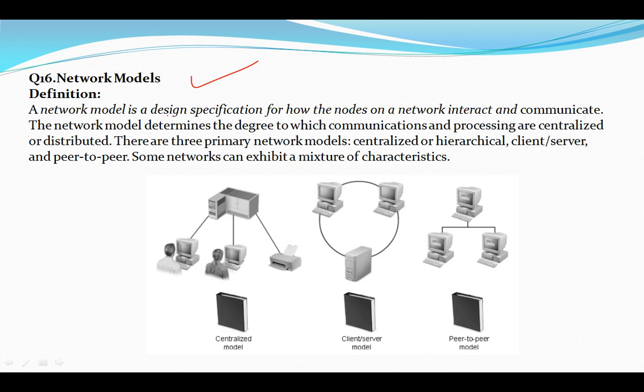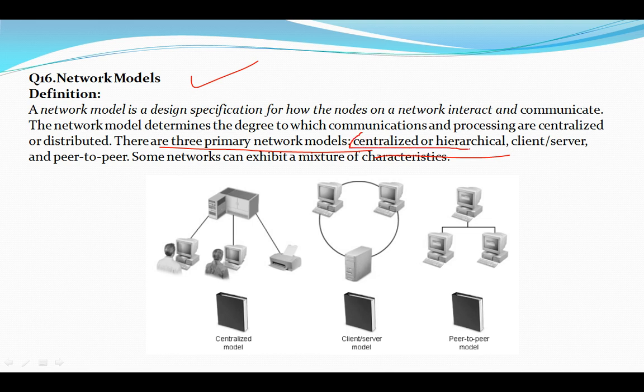What is a network model? A network model is a design specification for how the nodes on the network interact and communicate. You can say it's the physical or logical structure of the network, or how they will communicate or how they will be connected. This is called a network model. Basically there are three primary network models: centralized, also known as hierarchical, client server, and peer-to-peer.